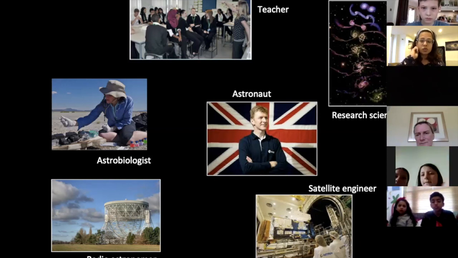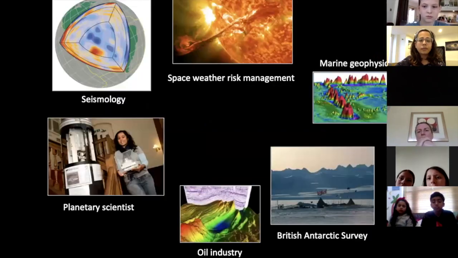You could be a radio astronomer, you could be an engineer and build parts of satellites. You could be a space weather risk manager, you could be a planetary scientist like me, you could work in the Antarctic, you could work at the bottom of the ocean trying to find out if other planets are similar to the Earth.